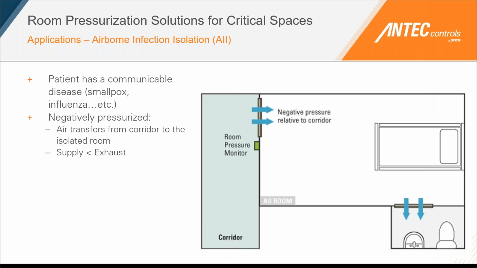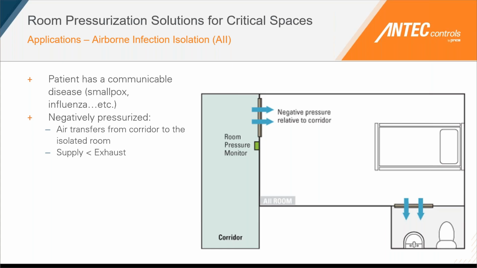The first one we're going to talk about are the airborne infection isolation rooms, or alternatively called AII rooms. These are spaces that have a patient with a communicable disease like smallpox, influenza, things like that. These are potential diseases that can actually harm people in adjacent spaces of the hospital, doctors, nurses, other patients.